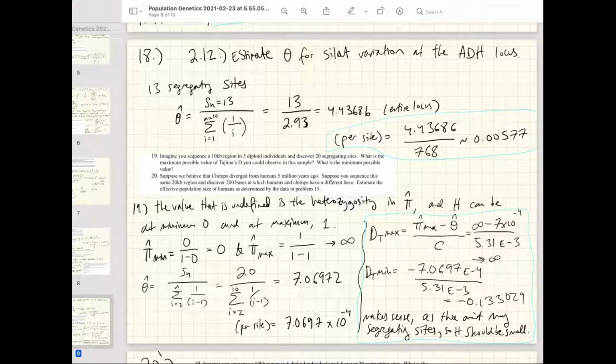So basically, you get this 4.43 for the entire locus, and then there were 768 sites, I believe. So that's the per site value. So let me peek. You got 4.4. Yeah, that's it. Okay, done.